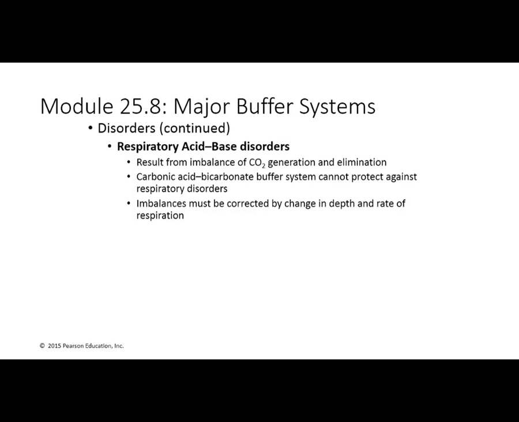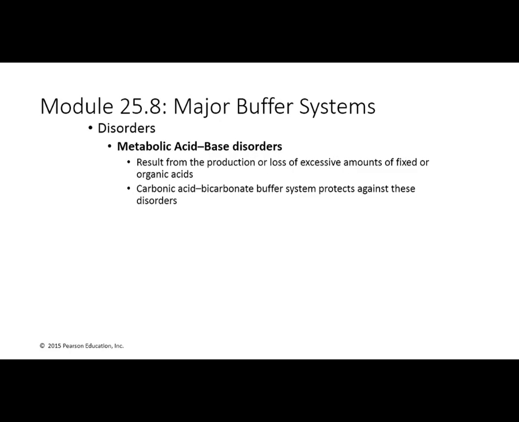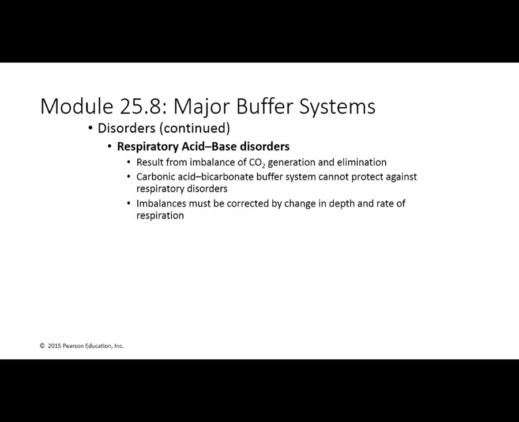So there can be a respiratory disorder. Let me go back. This is the metabolic disorder. We're going to talk about this in a moment. A metabolic disorder is the body is making too much or not enough acids. And again, your body is trying to protect against these disorders. The buffering systems are trying desperately not to let these metabolic shifts affect your overall homeostasis. It's also possible, though, for your respiratory system to contribute.